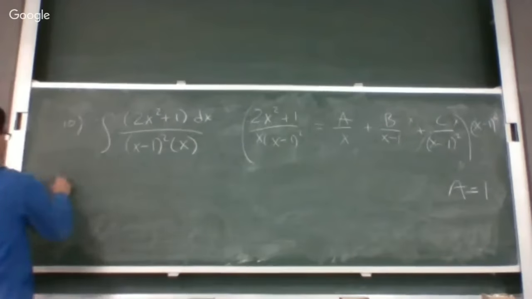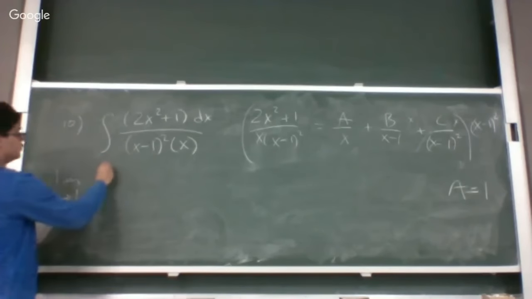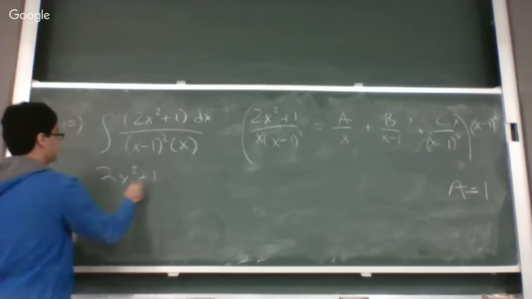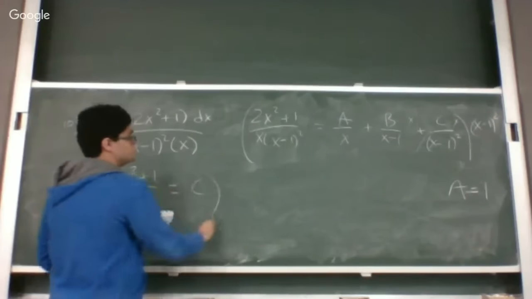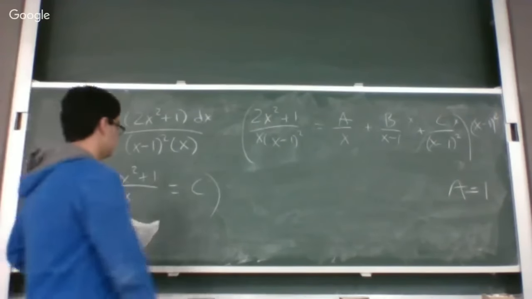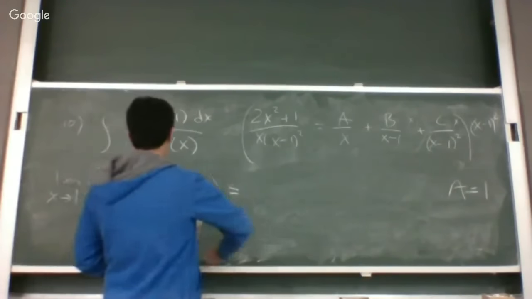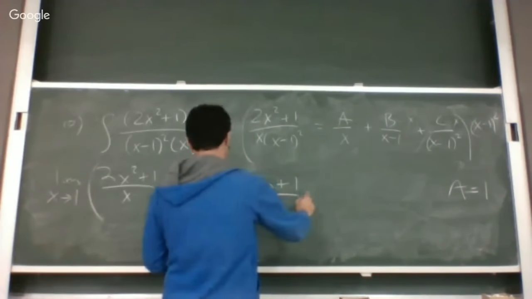So then we have the limit as x approaches what? 1, of 2x squared plus 1 divided by x equal to c. Do you guys all understand that? Because the rest of the a and b go to 0. So if we plug in 1 on the top, we'll have 2 plus 1 divided by 1. So that's equal to 3.